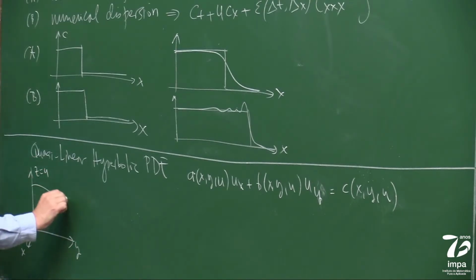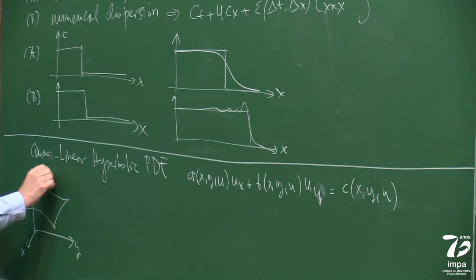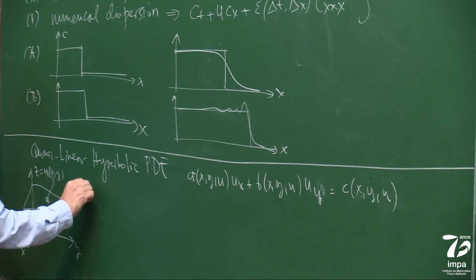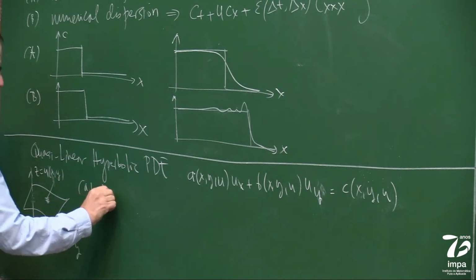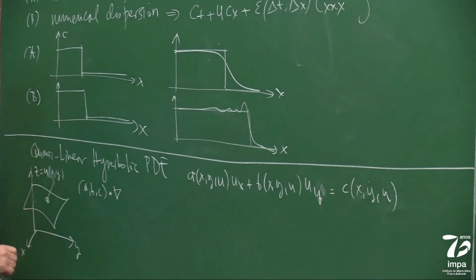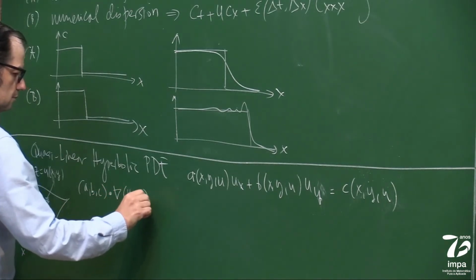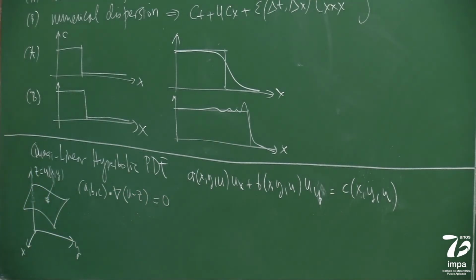Which basically gives you, so let me put this to be complete for people who are watching, if I have this as my integral surface, this is just an inner product, A, B, C, and the gradient of the surface.